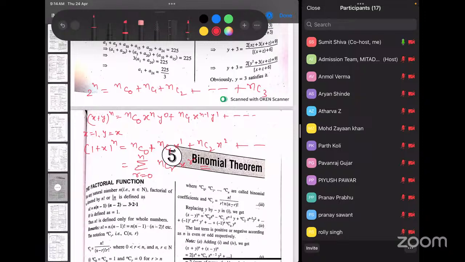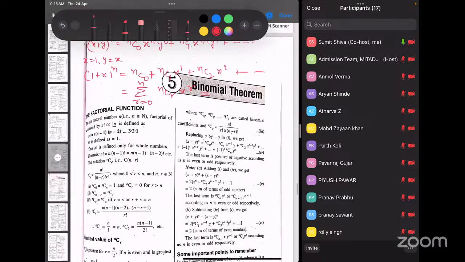In these binomial coefficients, some are odd and some of them are even. If you separate, it is observed that half of the terms will be even, half of the terms will be odd, which means 2^n will be divided into 2 equal parts. So we divide 2^n by 2 and we get another result.